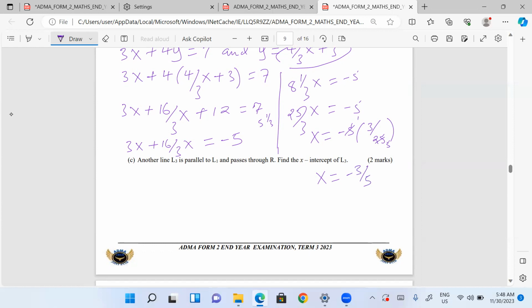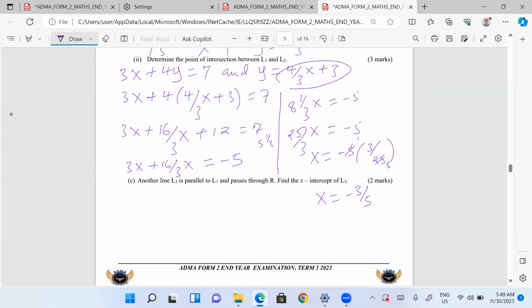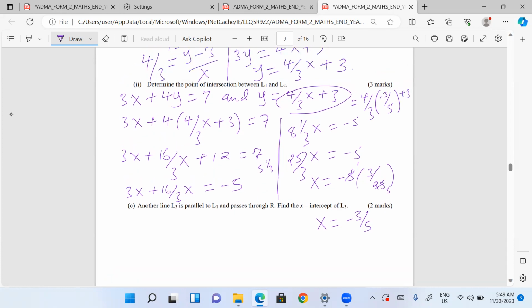That is the value of x. So we can now substitute to get the value of y and say, then according to this equation, y is going to be 4 over 3 times negative 3 over 5, which is the value of x, plus 3. So this is a negative 1.